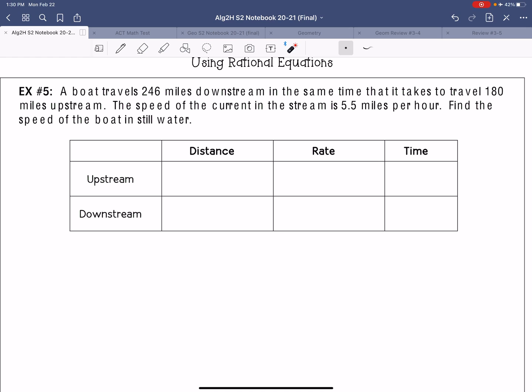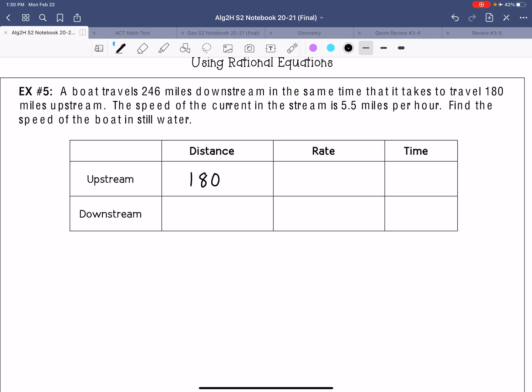Okay, so if I'm going upstream, it says I go 180 miles. And what would be that rate? So we're going at a certain rate. I don't know, I'm just making something up. I'm going 20 miles per hour, right? But when I'm going upstream, I have a current working against me.